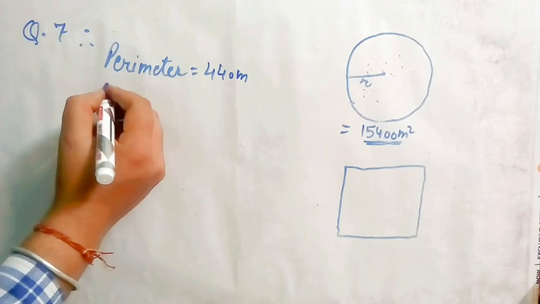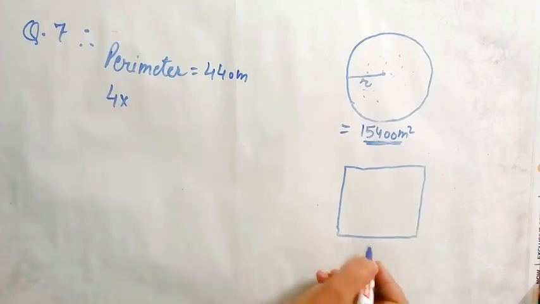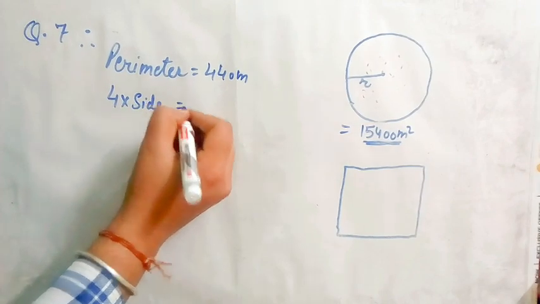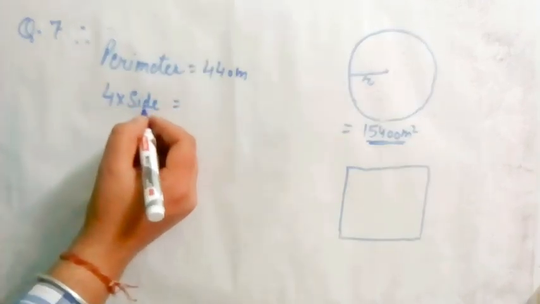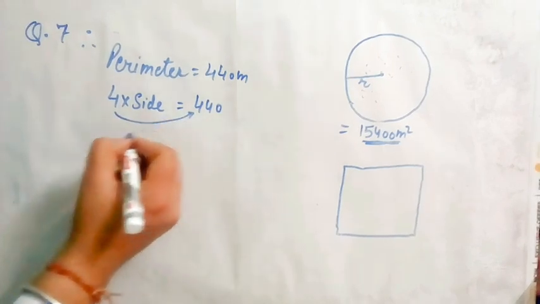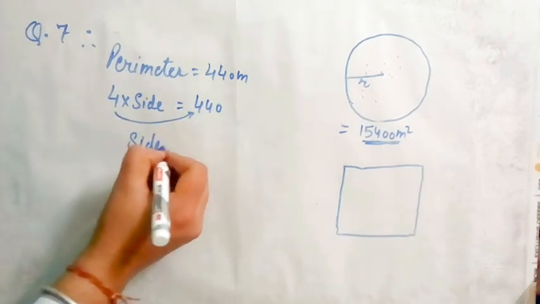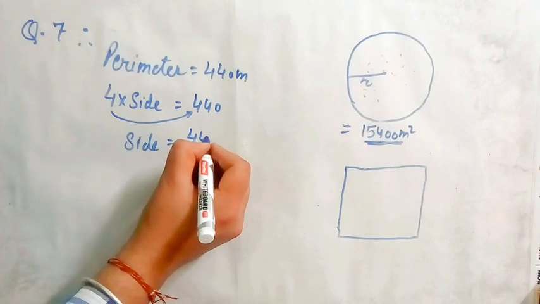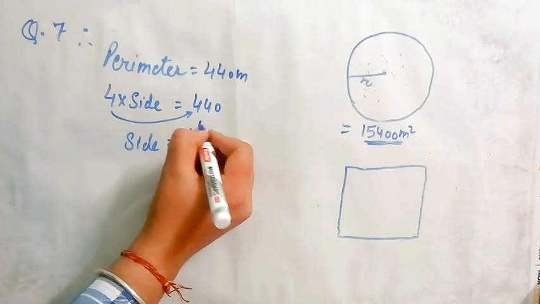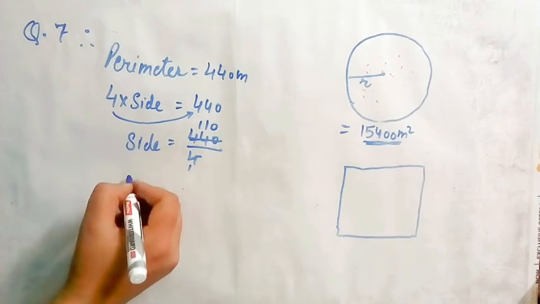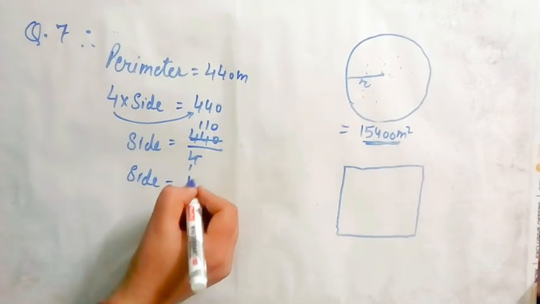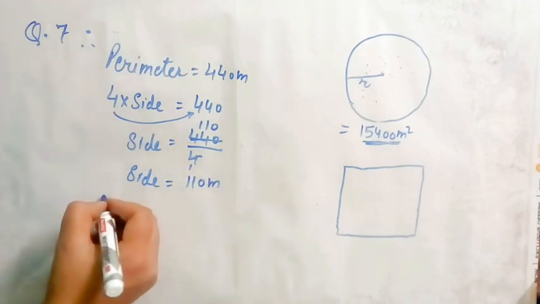Then we know the perimeter of a square is 4 multiplied by side. So 4 into side equals 440. Take 4 to the right side and the side will be equal to 440 upon 4. 4 11s are 44. It is 110, means the side of the square will be 110 meter.